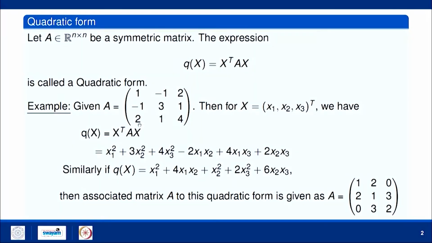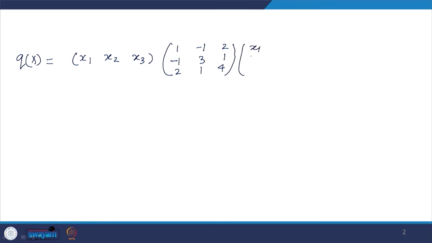So, x transpose will be x 1, x 2, x 3, and then the matrix A: 1, minus 1, 2; minus 1, 3, 1; 2, 1, 4; and then x 1, x 2, x 3.